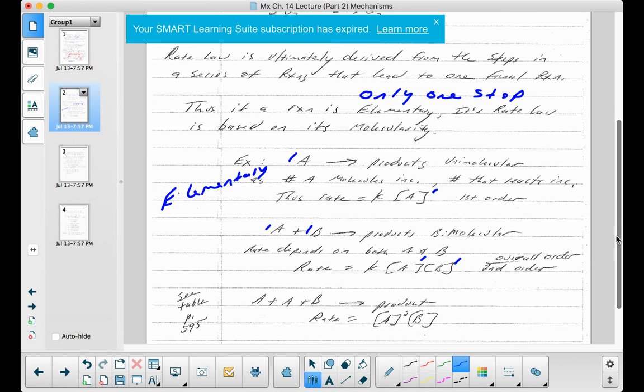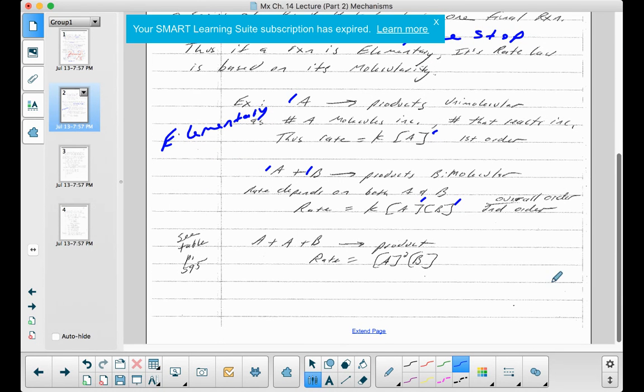But like I said, there are not many reactions that have this, what we call elementary characteristic. Most of them are from a series, and that's why we go through what we did in the first part of the lecture to identify those orders M and N.